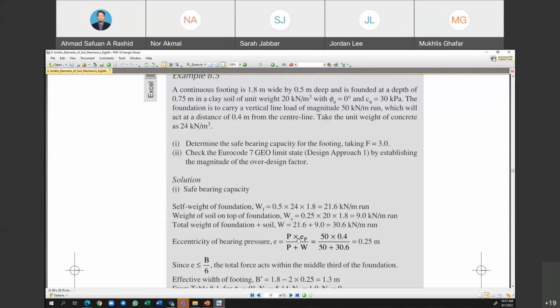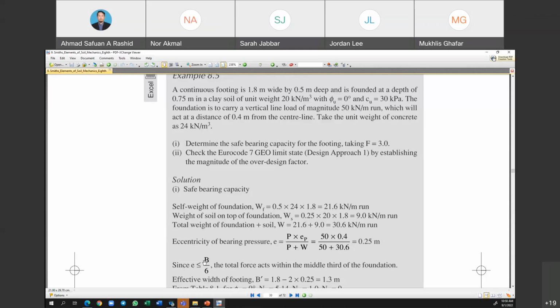From there we get the value of e, where P is the magnitude of the load: 50 times 0.4 over 50 plus 30.6, equal to 0.25. That is for e.